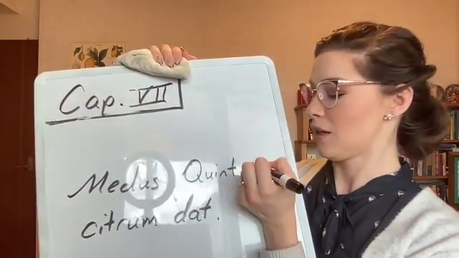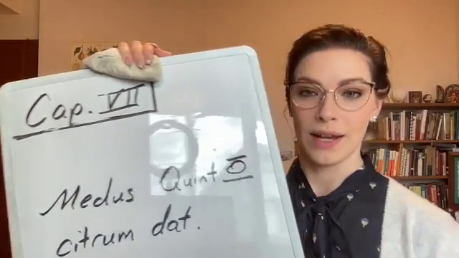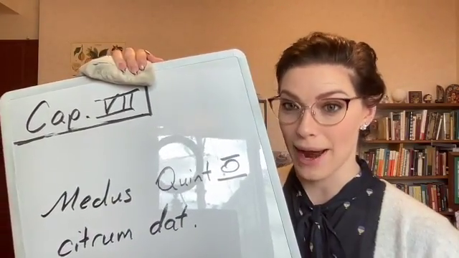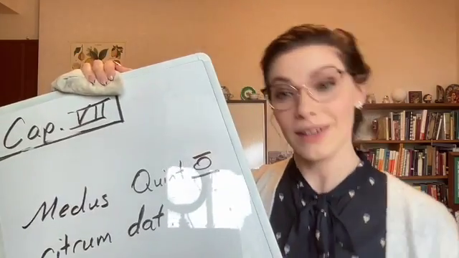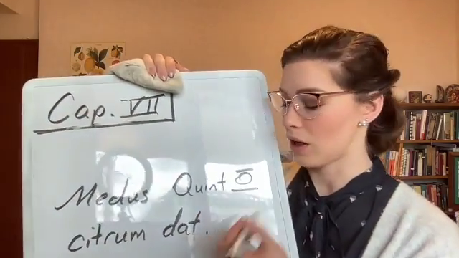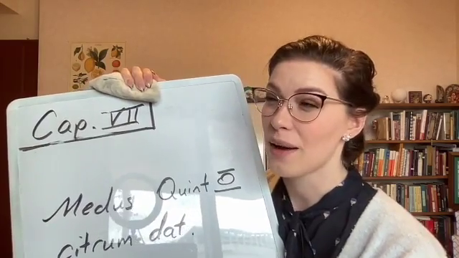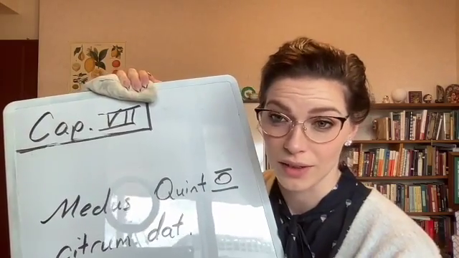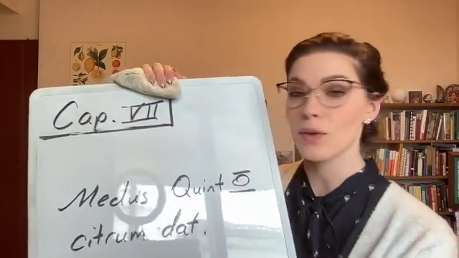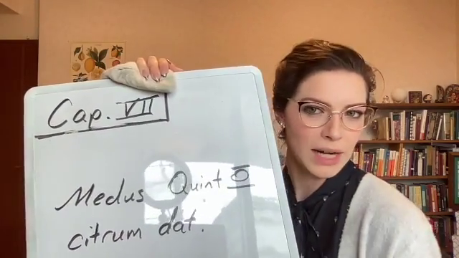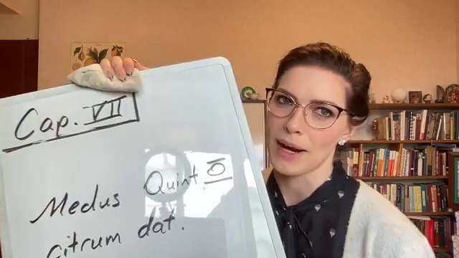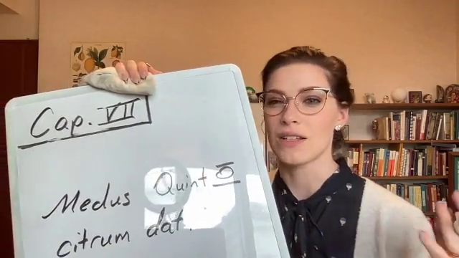Boards up. Quintō. Now, notice I'm using a macron here. Hopefully you got it right. If you did, good job. I'm not a massive stickler on this. You can if you want to be super correct, but if you did it without the macron, it's not as important.